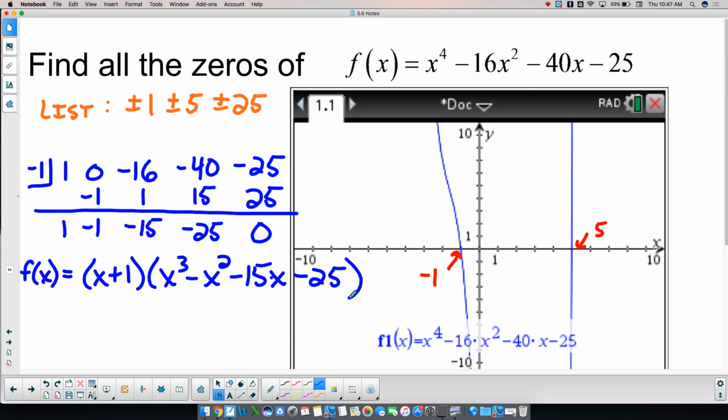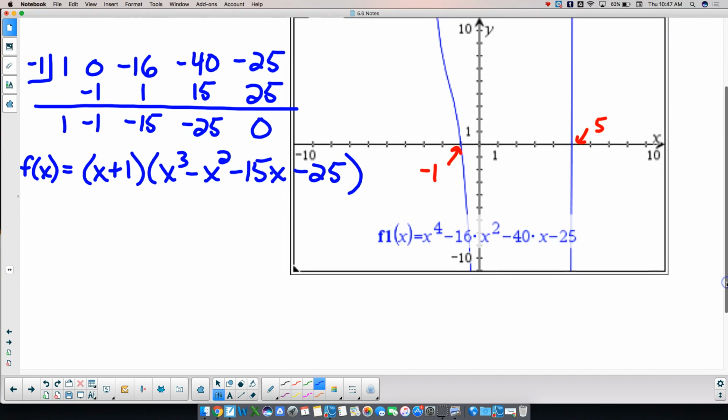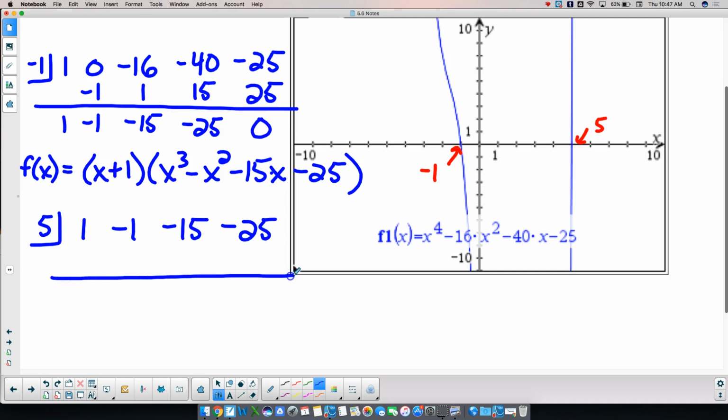Okay. Then we can do the 5. But I'm going to do it on 1, negative 1, negative 15, and negative 25. 1, 5, 4, 20, 5, 25, 0.